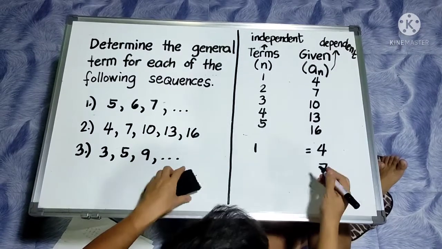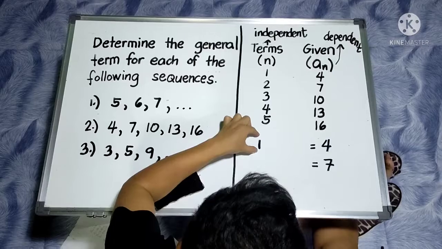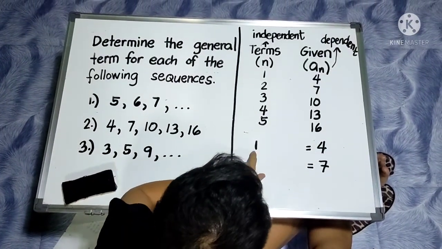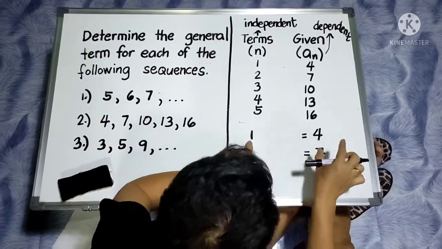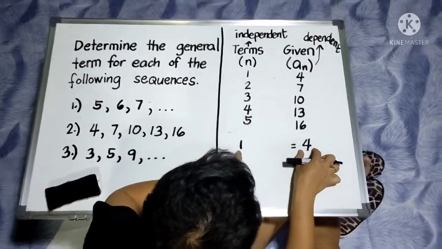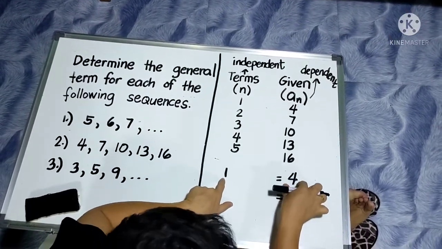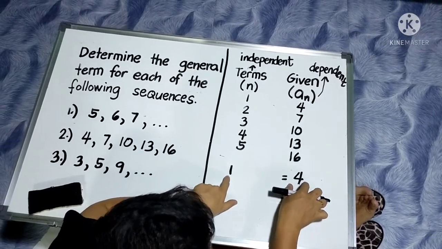Okay. Let's go back to the first term. What will you do with your n to get 4? The operation now is multiplication. So, you can say, I am going to multiply it by 4, right? That is the easiest way to say it.